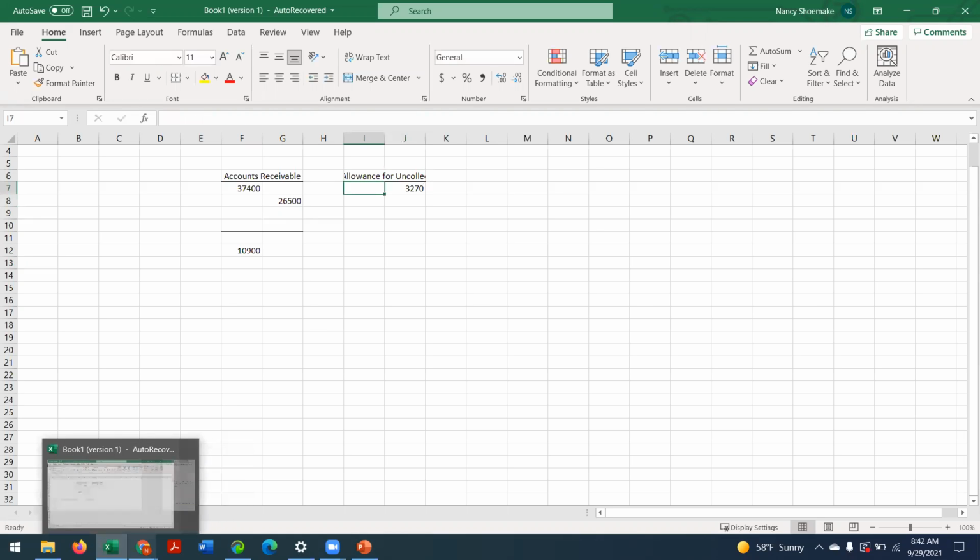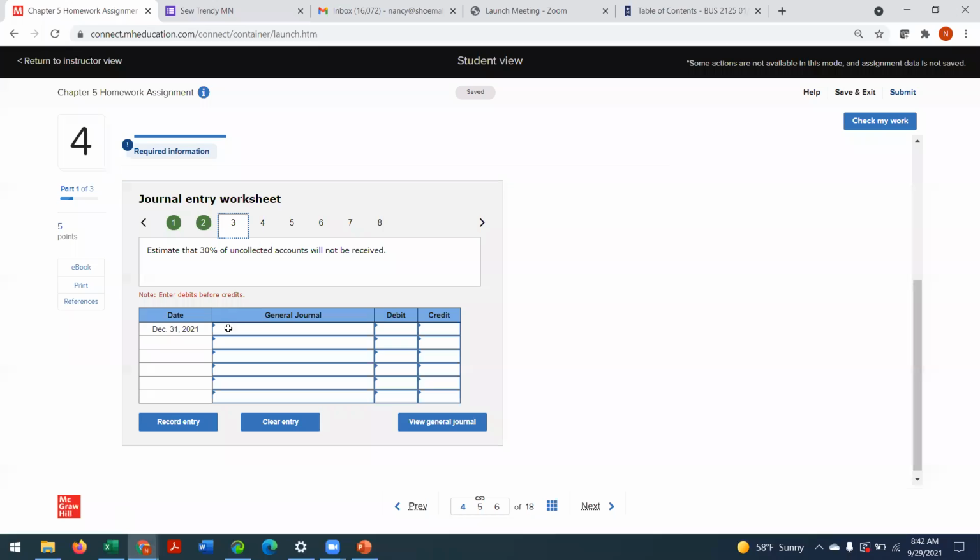So 3,270, guys, we would put in here bad debt expense of 3,270, and our offset is allowance for uncollectible accounts of 3,270.